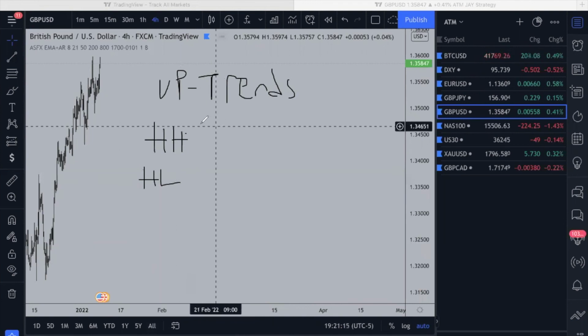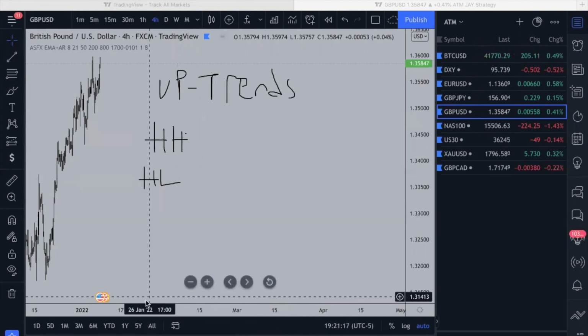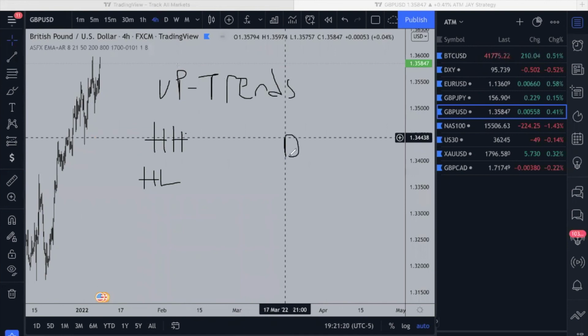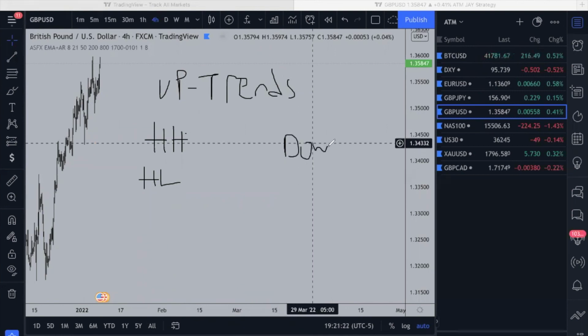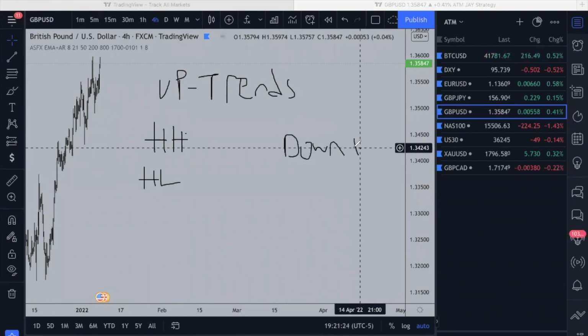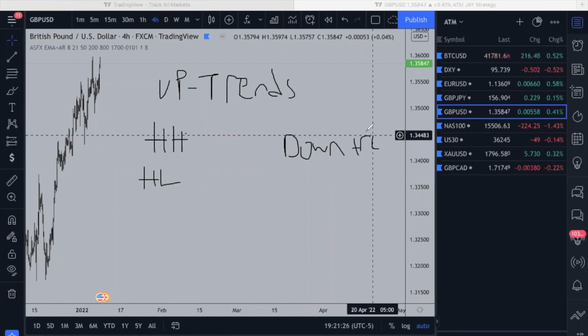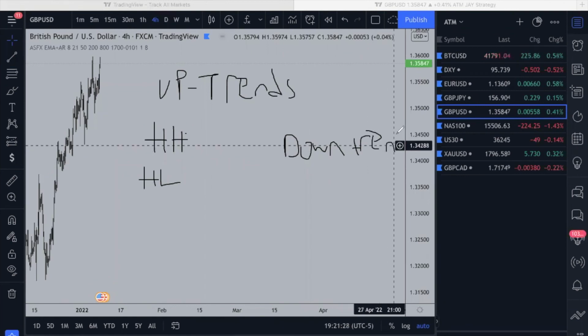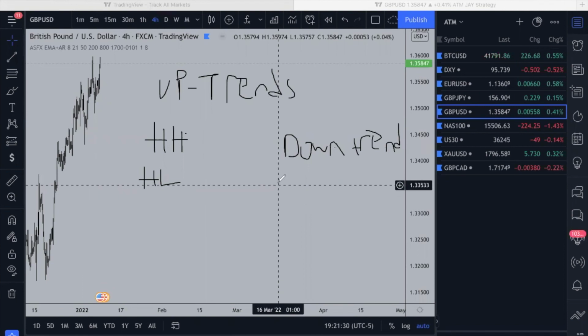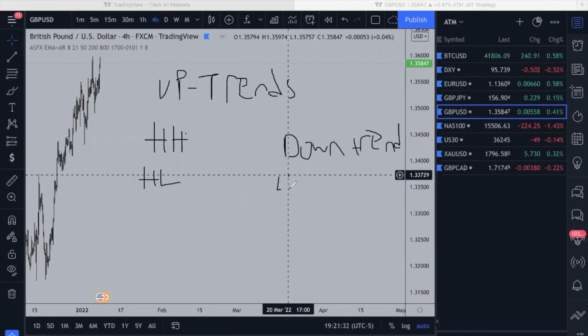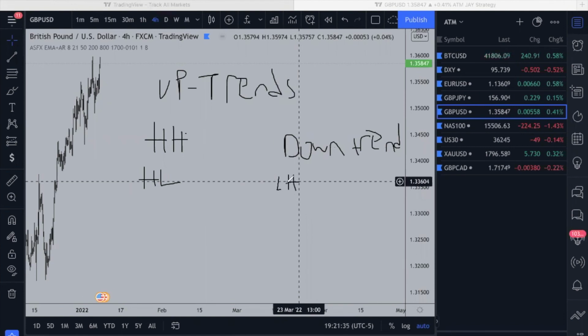So uptrends consist of higher highs and higher lows. Downtrends consist of lower highs and lower lows.